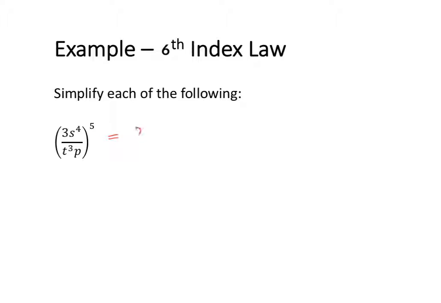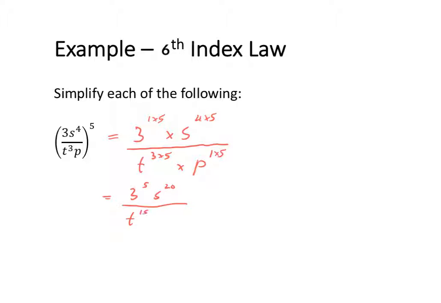So that's going to be 3 to the power of 1 times 5, s to the power of 4 times 5, over t to the power of 3 times 5, p to the power of 1 times 5. So that equals 3 to the power of 5, s to the power of 20, over t to the power of 15, p to the power of 5.